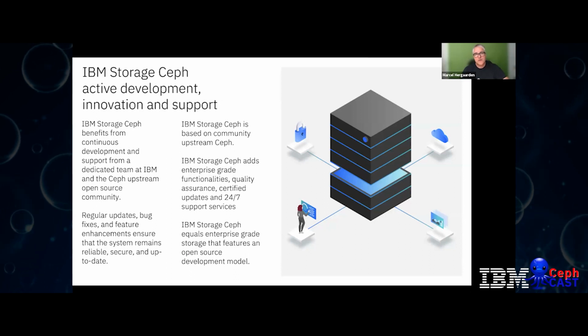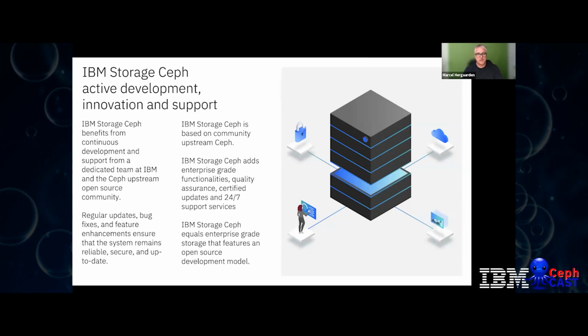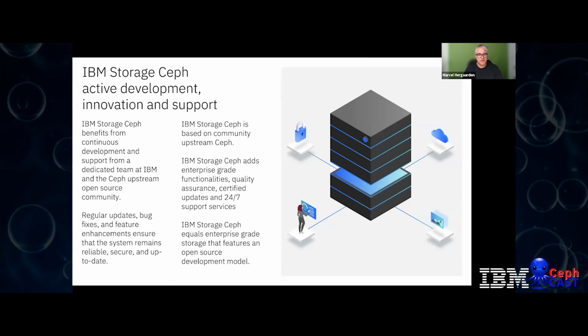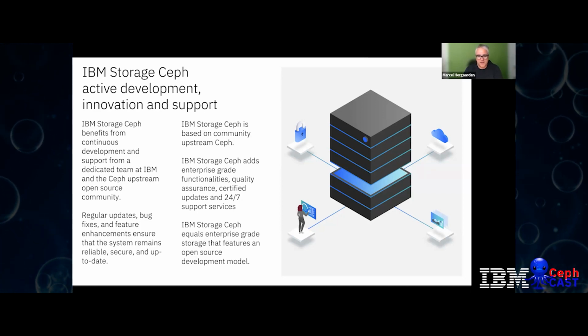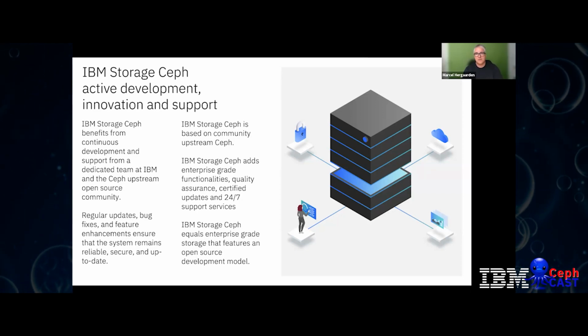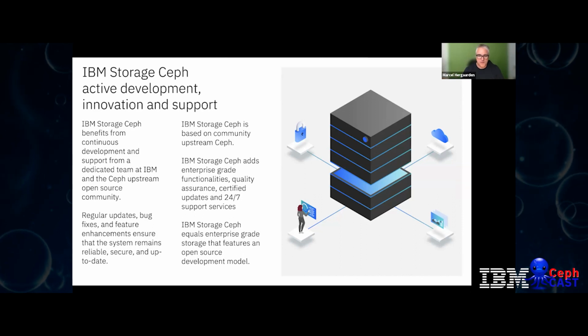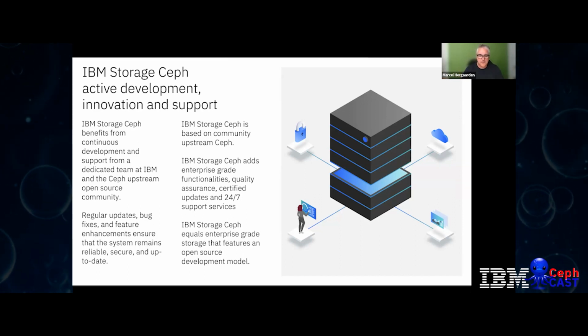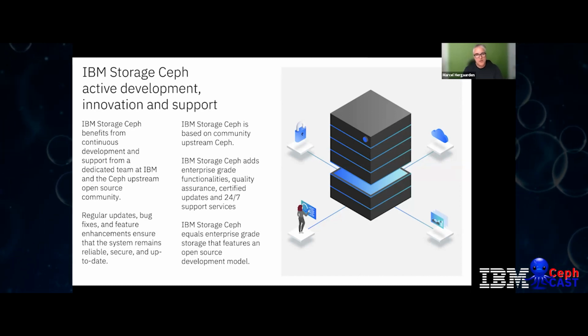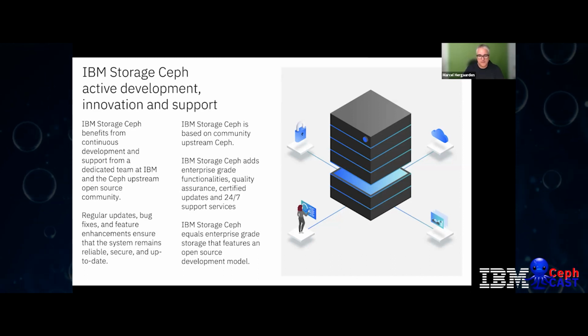And then with regard to community, there is active development and innovation going on in the community, and IBM Storage Ceph benefits from that, of course, because in essence, it's the same software, but IBM adds enterprise grade functionality, making it easy to consume, easy to use, quality assurance, certified updates, and of course, 24/7 support services, which you will not have with the community edition.